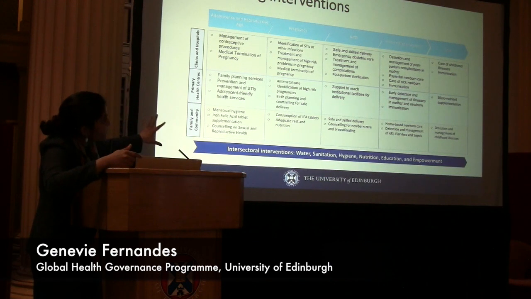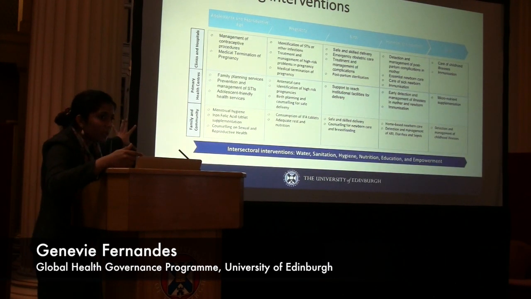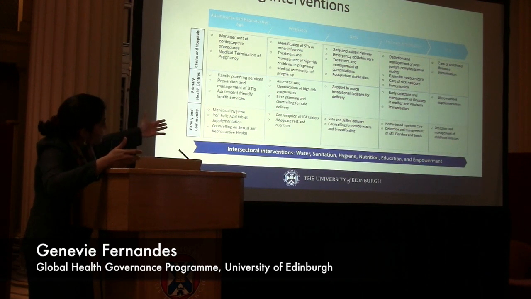These are very simple, cost-effective interventions that have been used by countries over the last few decades to bring down their maternal and child mortality rates. Something as simple as consumption of IFA tablets, which is iron folic acid tablets. So if you suffer from anemia, the government healthcare facilities will give you iron tablets, which you can consume along with a good healthy diet.